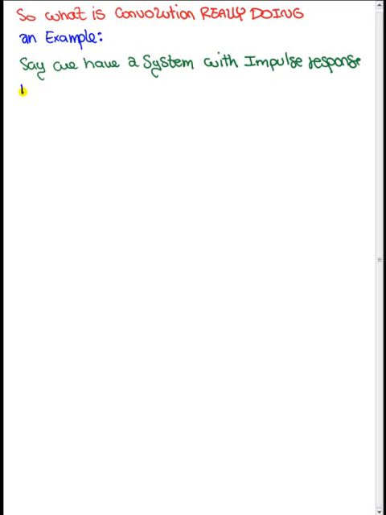So we denote the impulse response as just being h of n, and it's going to be here. 1, 0, 1, 2, 3. So you can see it's pretty simple.